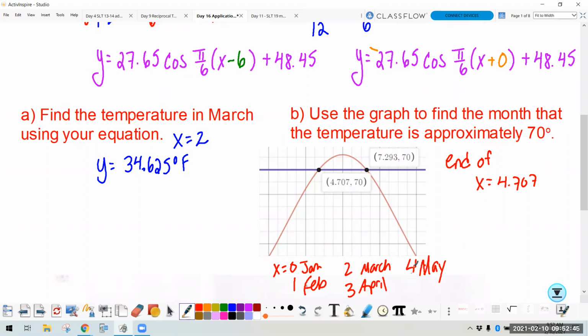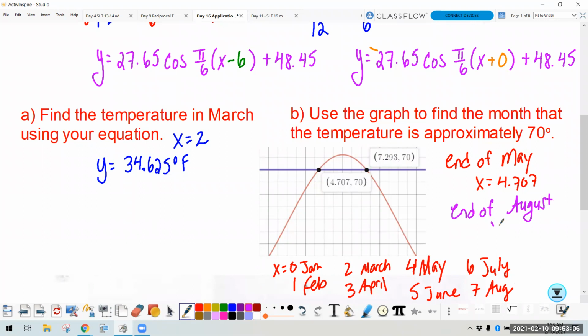Yikes, Miss Weiss, get it together. So 4.7 is the end of May, 5 is June, 6 is July, 7 is August. And then this 7.29, we're going to say the end of August, which is x is 7.29. Oh, it's not really the end. Let's say the beginning. That's 2. I was thinking the 9. 7.2, let's say the beginning of August.